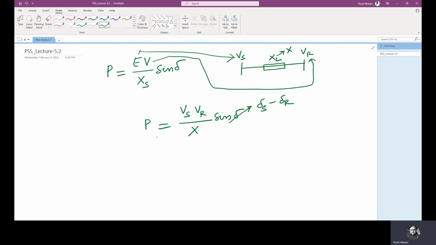Now we have current equals Vs minus Vr, sending end voltage minus receiving end voltage, divided by jX.